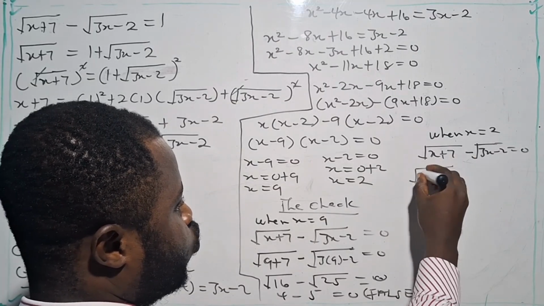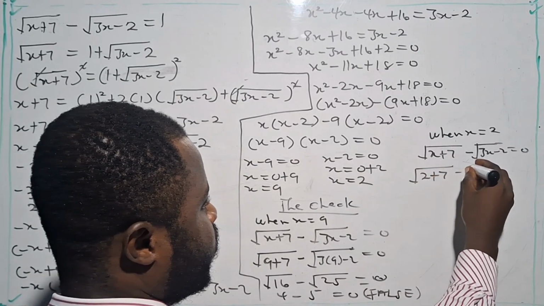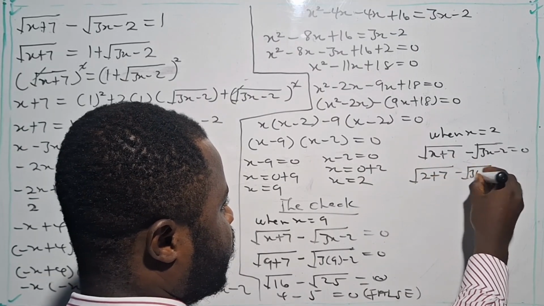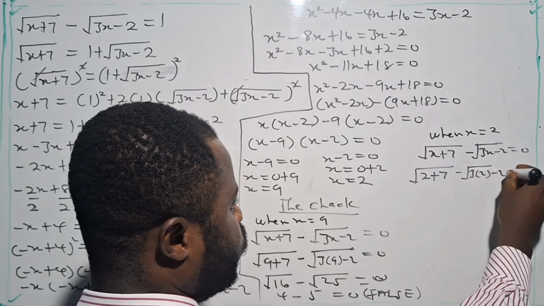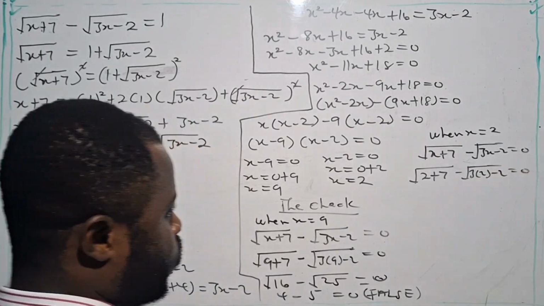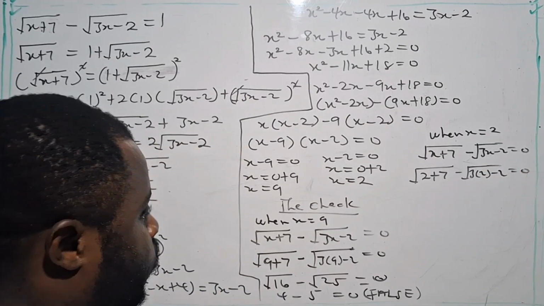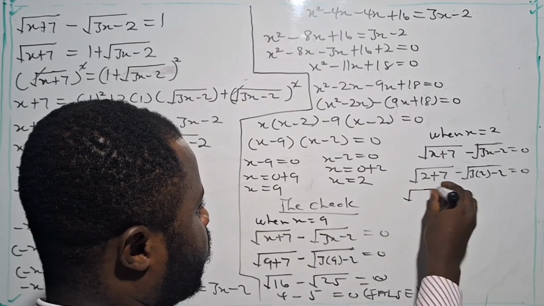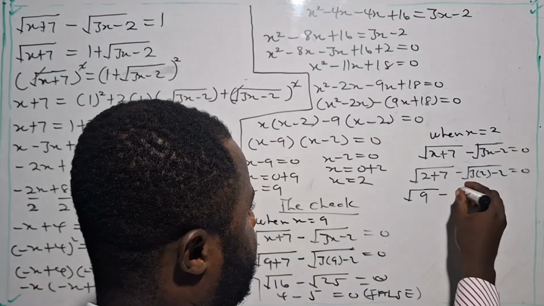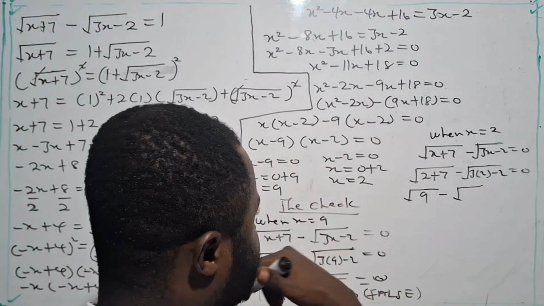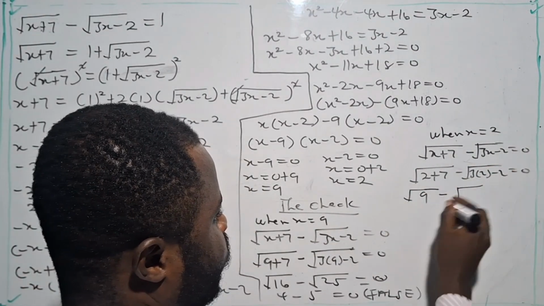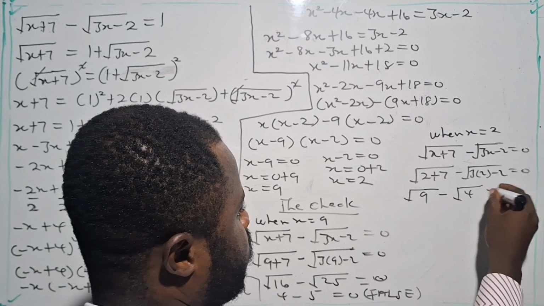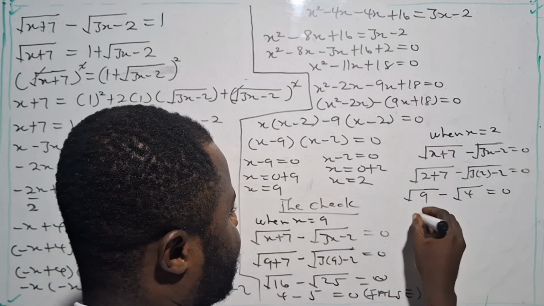So √(2 + 7) − √(3·2 − 2) is equal to 0. So this will give us root 9 minus root of 3 times 2 is 6, 6 minus 2 is 4. Root 9 is 3.